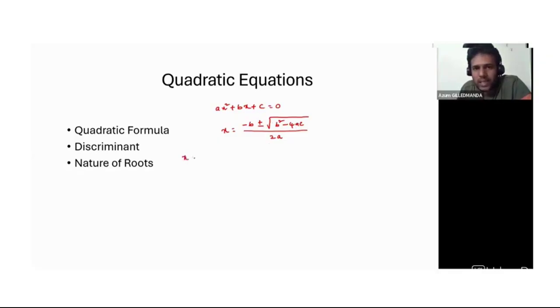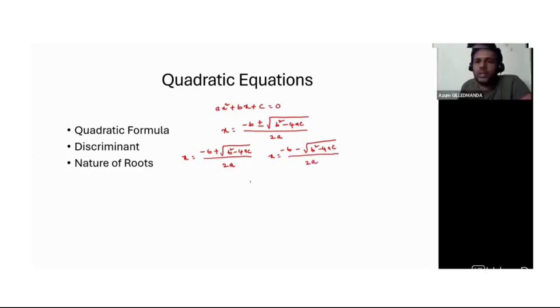That means x can be minus b plus square root of b square minus 4ac by 2a. This is one root. And the other root is minus b minus square root of b square minus 4ac by 2a.